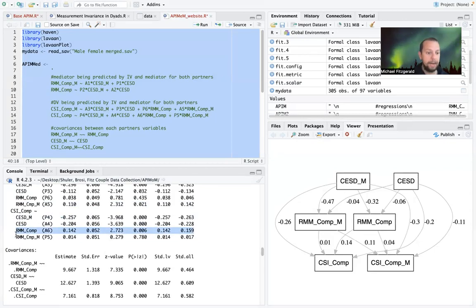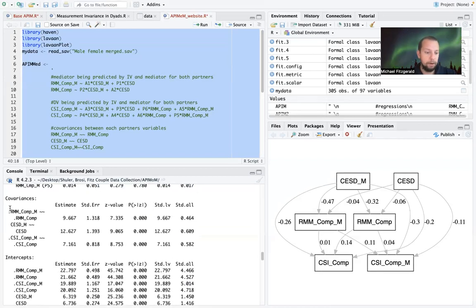This is an actor effect from women's reports of relationship mindfulness, and then this is the partner effect that is non-significant. So male relationship mindfulness does not predict female relationship quality above and beyond depression and female relationship mindfulness.